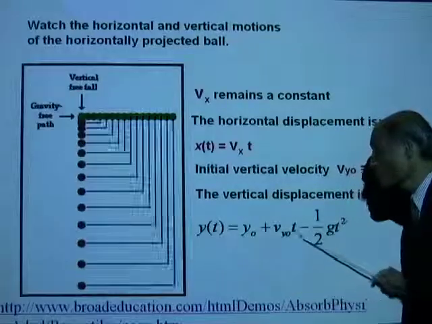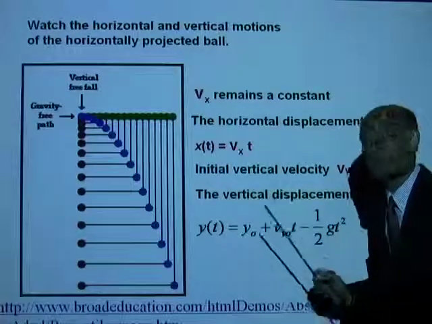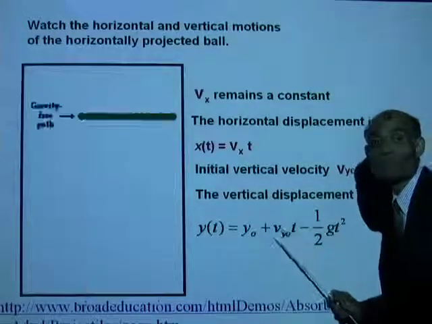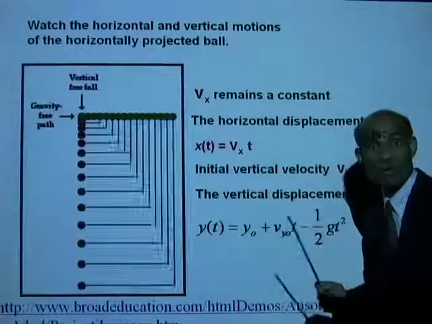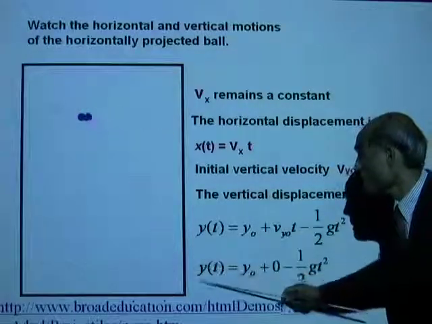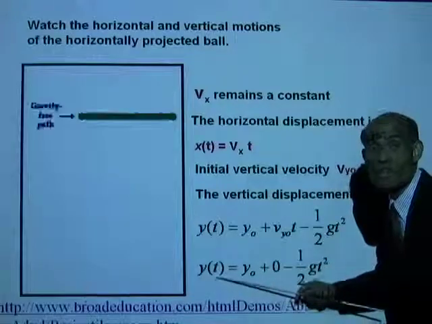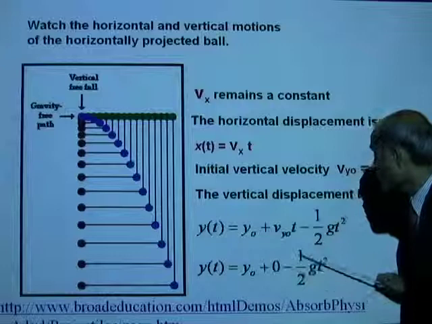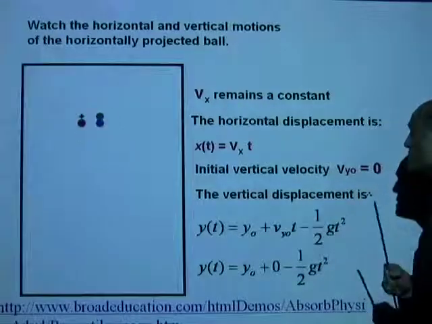This is the y position at any given time. What is the value of vy0, the initial y velocity? It is 0. Therefore, you can say y of t, the y position at any given time, is y0 minus 1/2 gt squared.